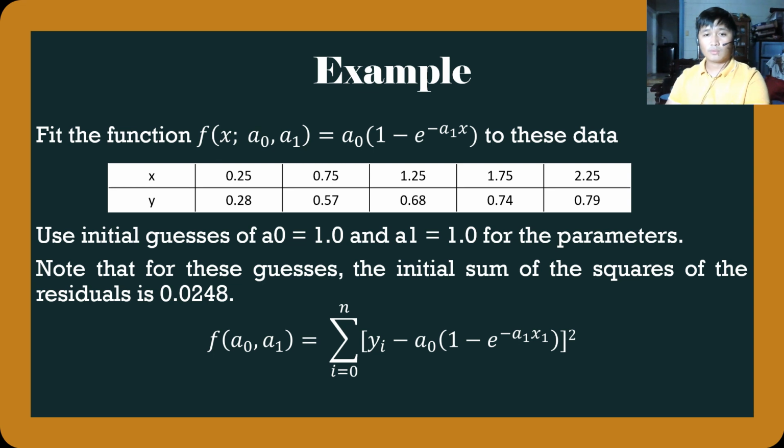Later on we will be getting the values of a sub 0 and a sub 1. So for now, we need to guess for a sub 1 and a sub 0. The initial sum of squares of residual is 0.0248.